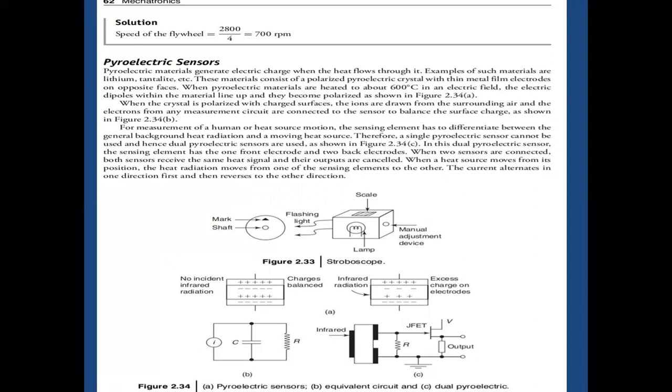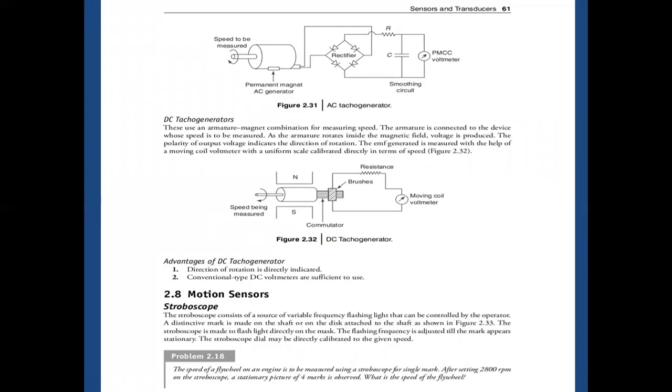We keep adjusting until the mark appears stationary. Up to the point the mark appears stationary, the flashing frequency is adjusted.